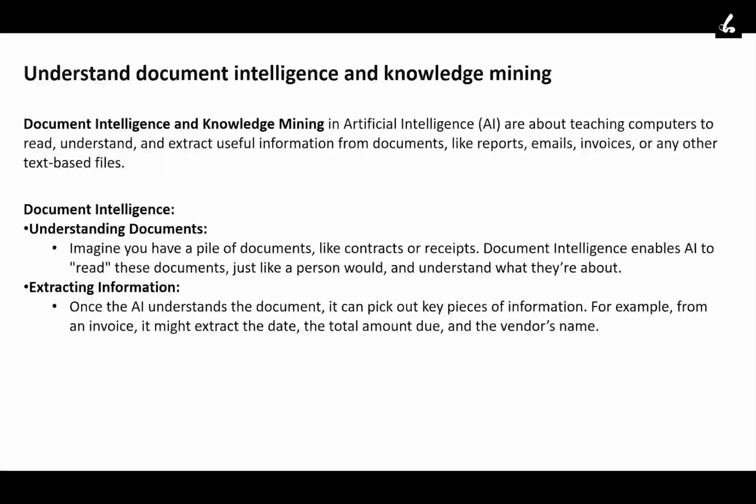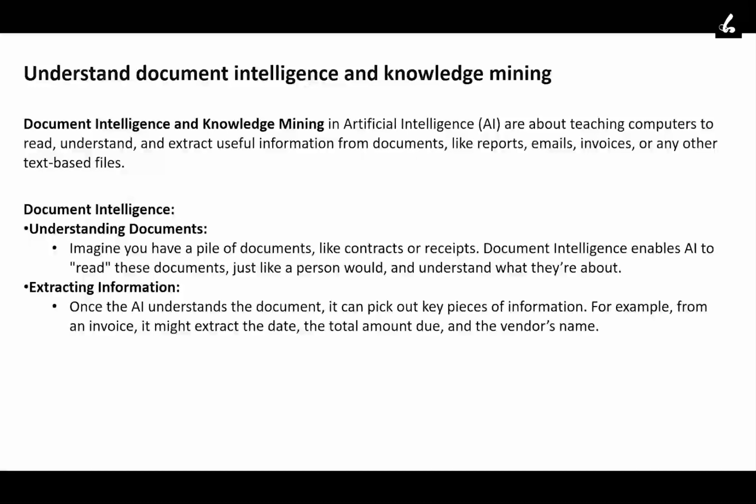So in document intelligence, imagine you have a pile of documents like contracts or receipts, like there are a number of receipts you have, or you have some reports. There are multiple files you have. Now document intelligence enables artificial intelligence to read these documents just like a person.